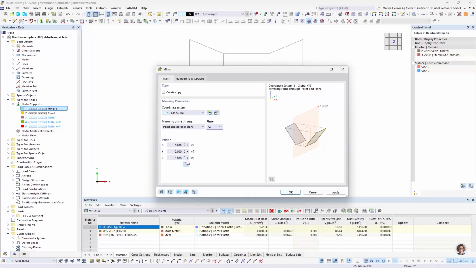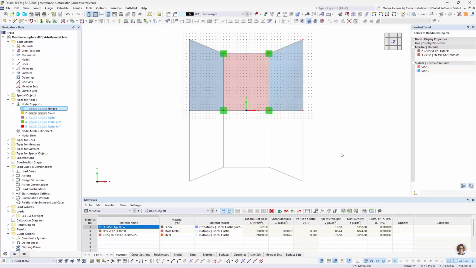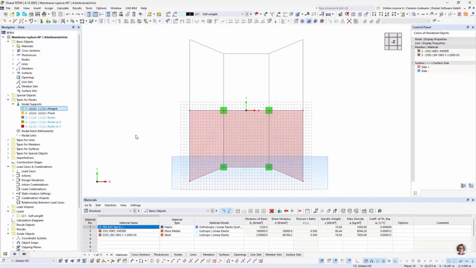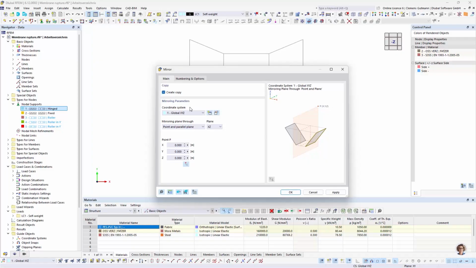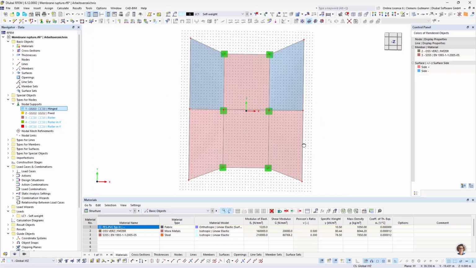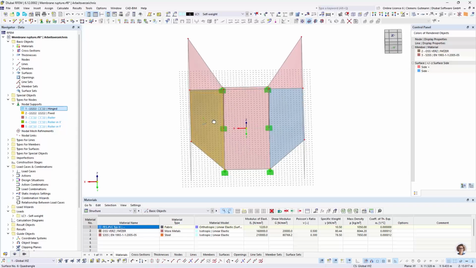Copy. Okay. Oh, forgot. Copy. Yeah. All right. Then we have two more. We have to flip the local axis system.